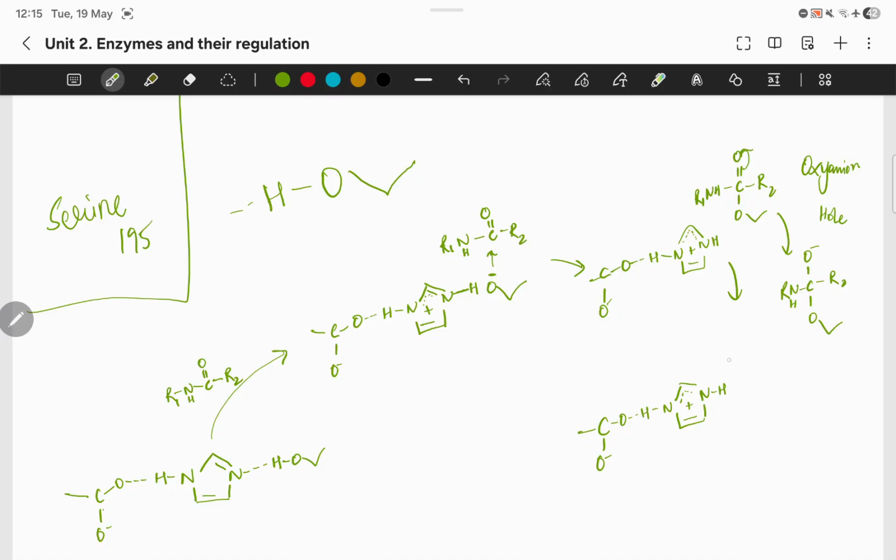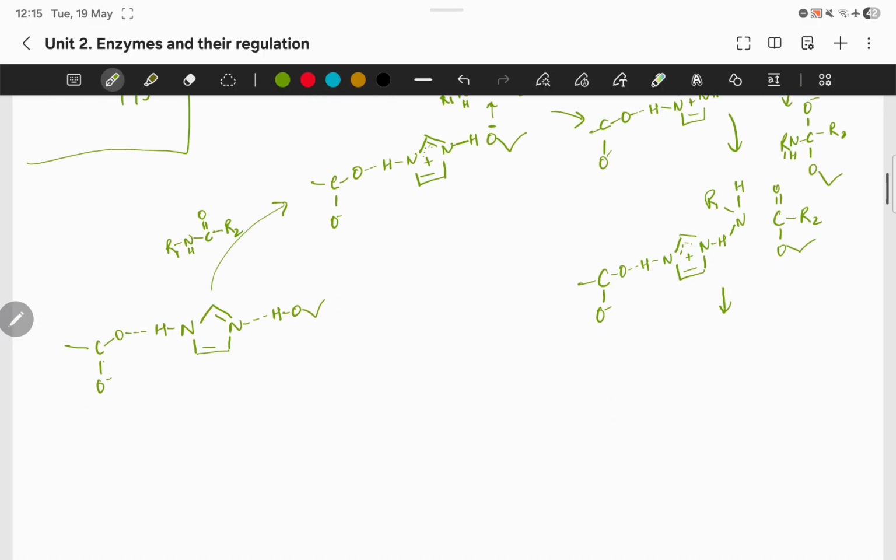From this H, the N is coming. This N is coming to this H. Okay. R1 is with this, and when H is this, it is separated from C. So C double bond O, one bond O, and a serine and R2. Okay, now they are separated.